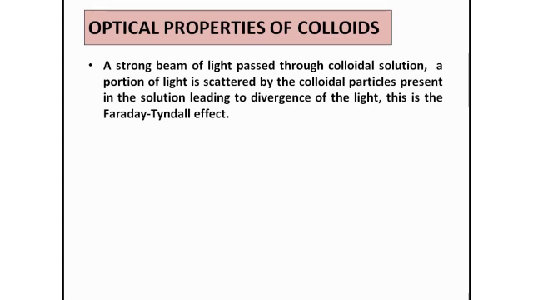The light gets diverted from the source. If we observe the source at a distance, we cannot draw a straight line from the point we are reaching to the source of the light if it is passing through a colloidal medium. This is because of the scattering of the light by the colloidal particles present in the medium.